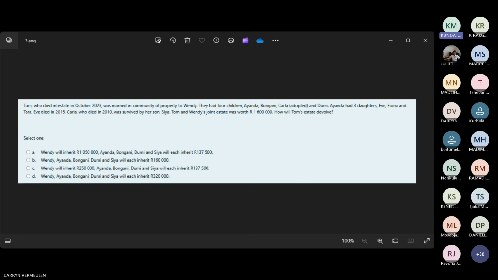Okay, so I'm going to try to explain it. The 800,000, Tom and Wendy's joint estate was worth 1,600,000, right? And then we have to remove Wendy's share, which is 800,000, since they were married in community of property. So Wendy is entitled to half of their joint estate.